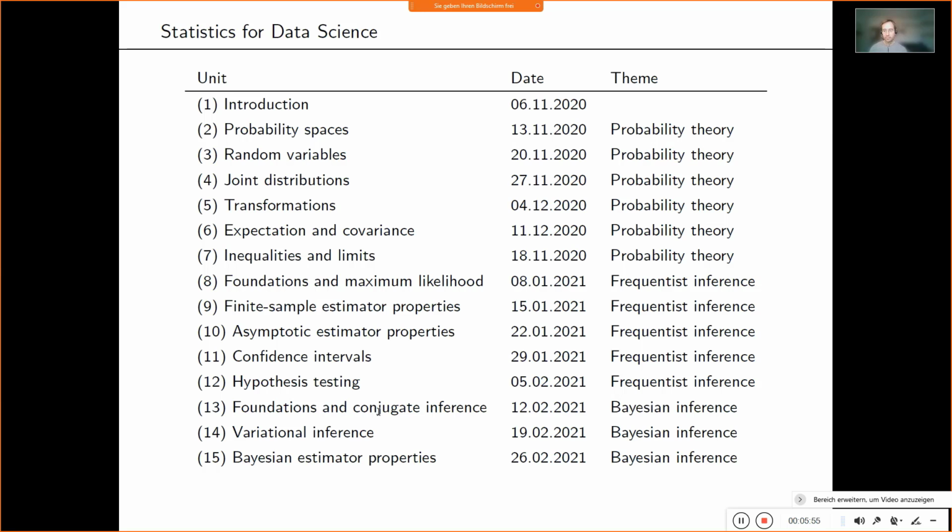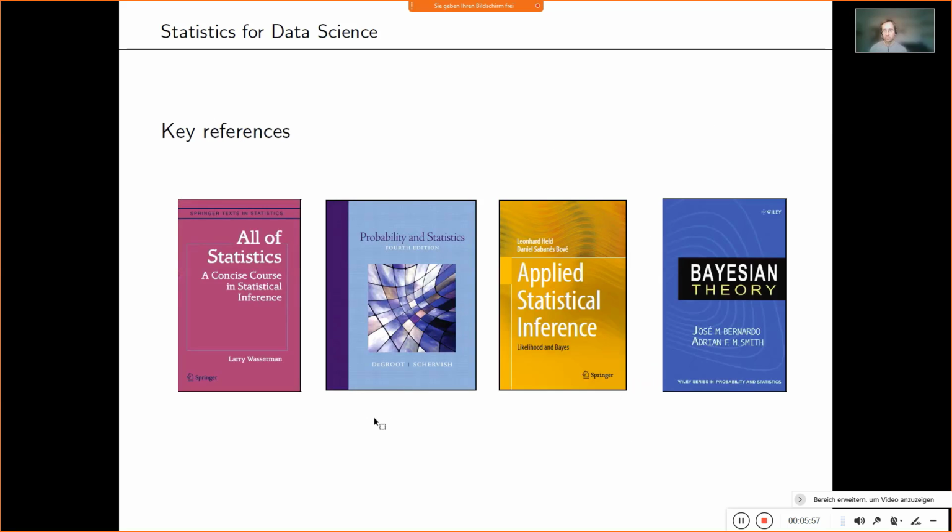The principal reading material or the key references are these books, and I think most of the stuff in the beginning is based on the De Groot and Schervish book, which is a really nice book. The overall outline is maybe mainly inspired by this Wasserman book, which is also very nice.